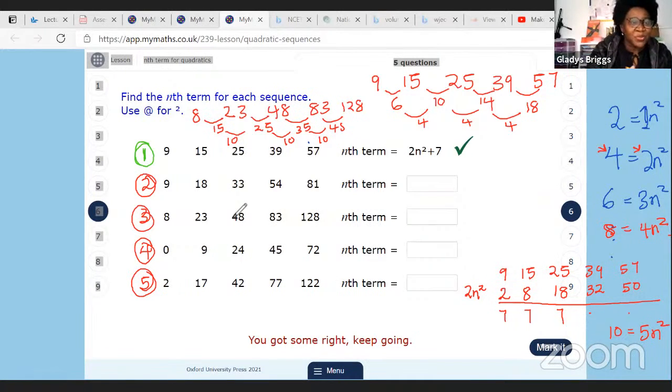So let me write that sequence out: 8, 23, 48, 83, 128. Stop share. Let's go to my whiteboard.